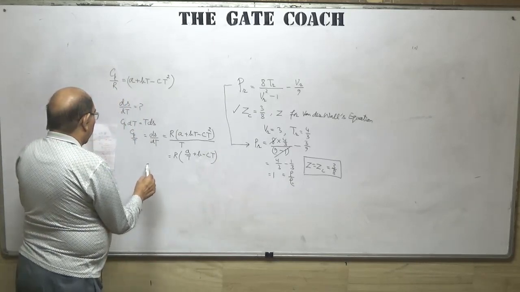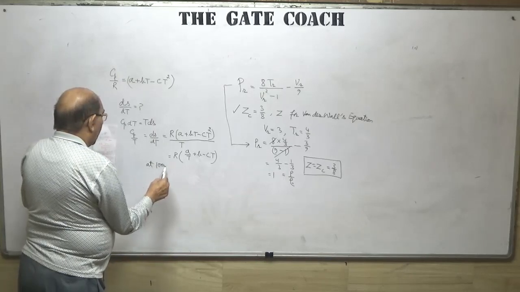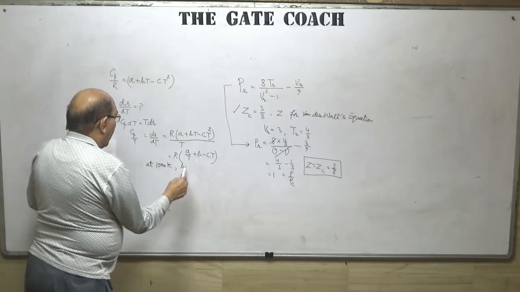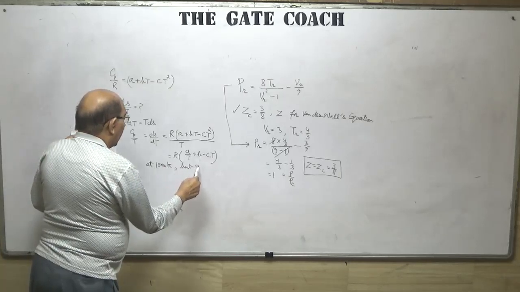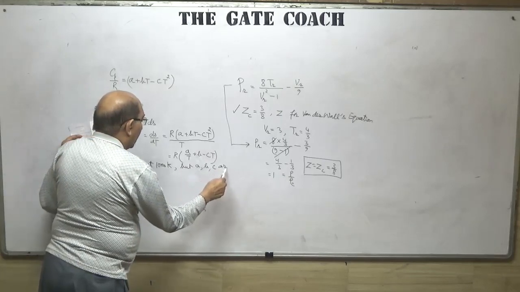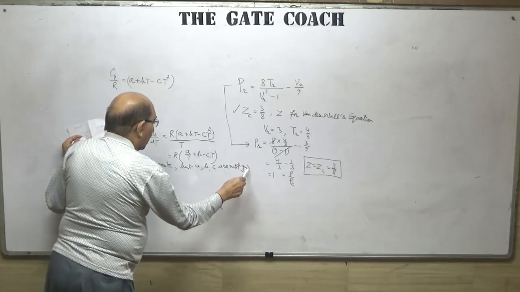We have to calculate at the temperature of 1000 Kelvin. But A, B, C are not given.